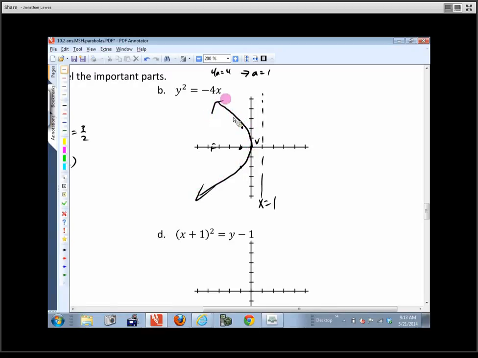Hopefully make it touch there. If not, I'm going to make that really fat. So this is going to be -1, 0. Vertex is 0, 0. And this point right here is -1, -2. And this one is -1, 2. Easy enough? It's not bad, right?